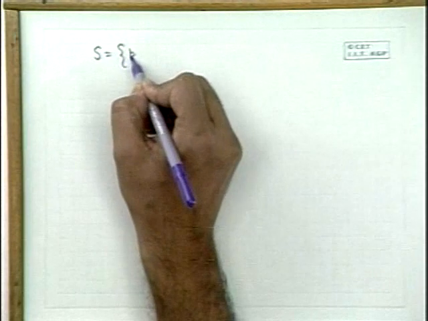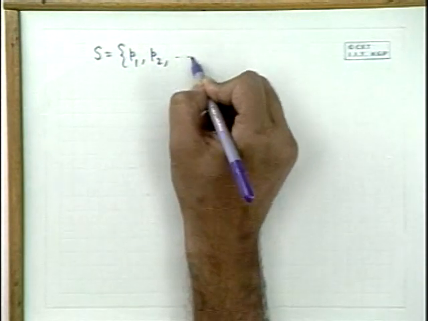What do we mean by convex combination? Suppose we have been given S equal to P1, P2 up to Pn.